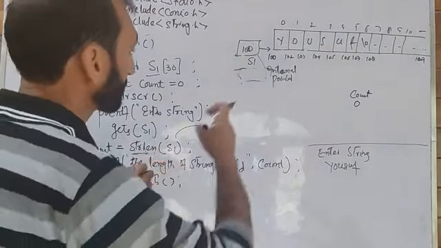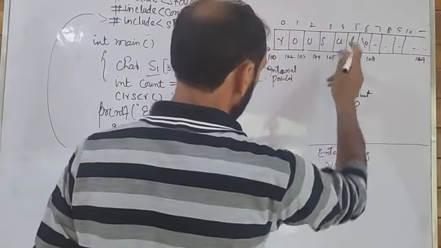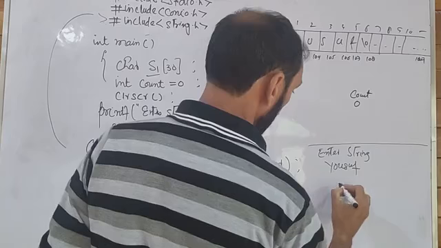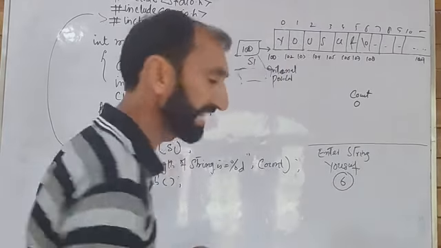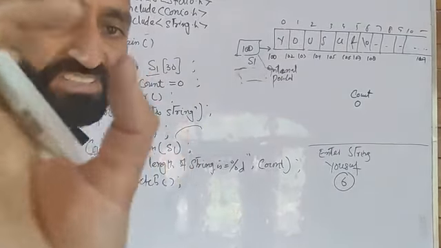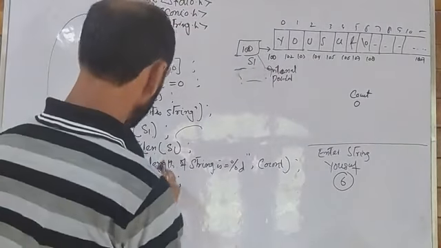After counting the characters, 1 2 3 4 5 6, it will return 6.